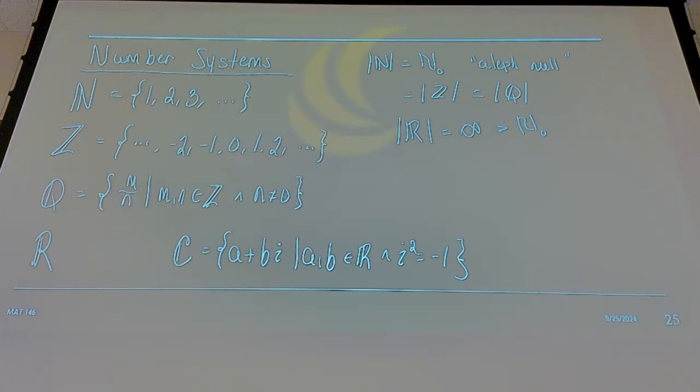It's accepted that there are more real numbers than anything else. So the cardinality, which just means size, of the reals is larger than the size of the others.